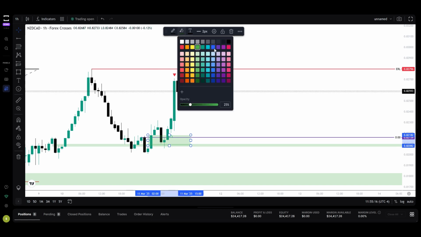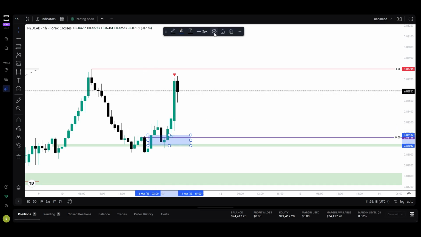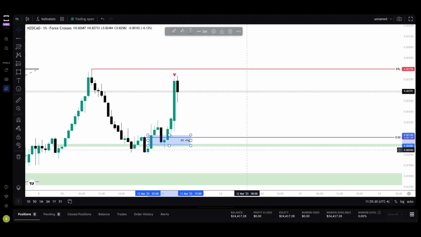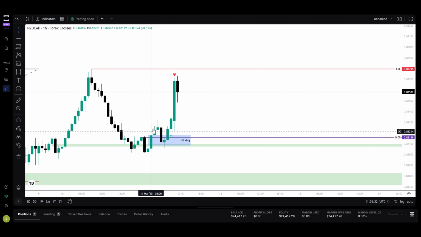So this is going to be labeled as an H1 for hourly, H1 fair value gap, or buy side imbalance, sell side inefficiency, however you want to internalize that. That's how I internalize it. It's in fair value because it's in discount of this hourly dealing range.